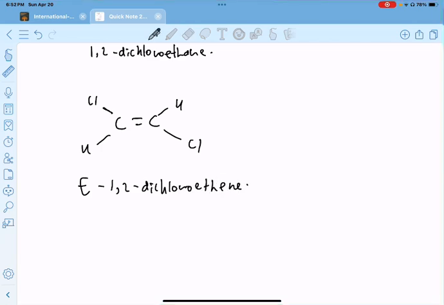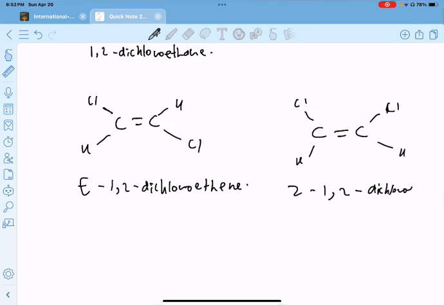If the chlorines were on the same side, both of them up, you will form Z-1,2-dichloroethene.